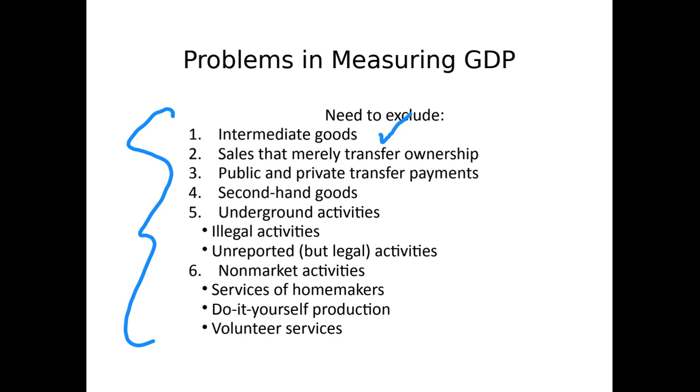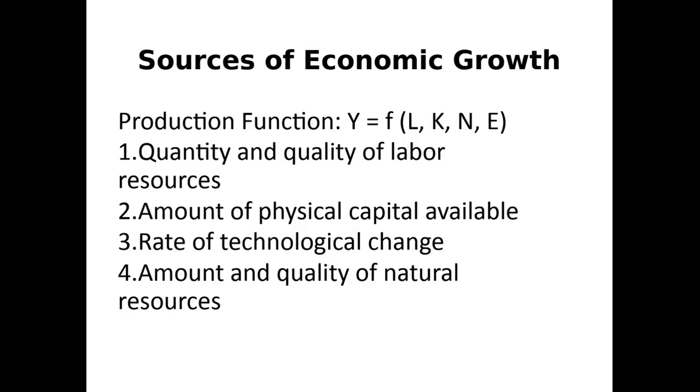Now, sources of economic growth. By economic growth, I mean increase in GDP. These are the four sources, that is, the four factors of production. Simple. If you have more factors of production, you are going to produce more goods and services. I am not saying that you just use the existing factors of production.